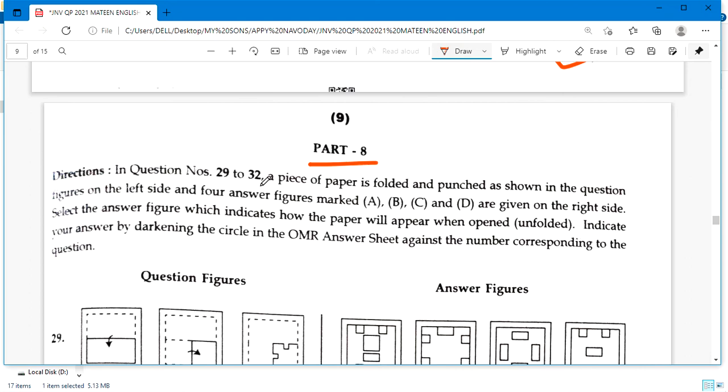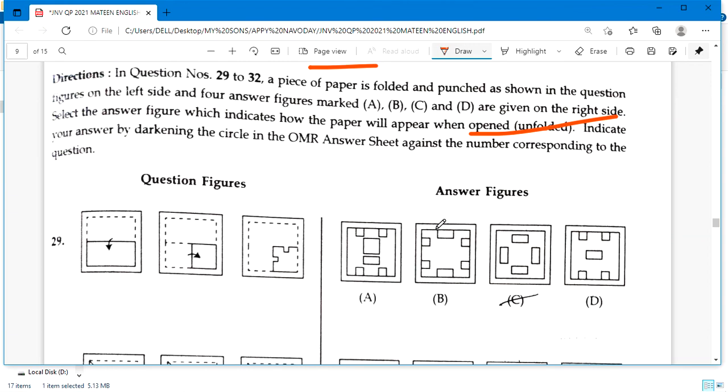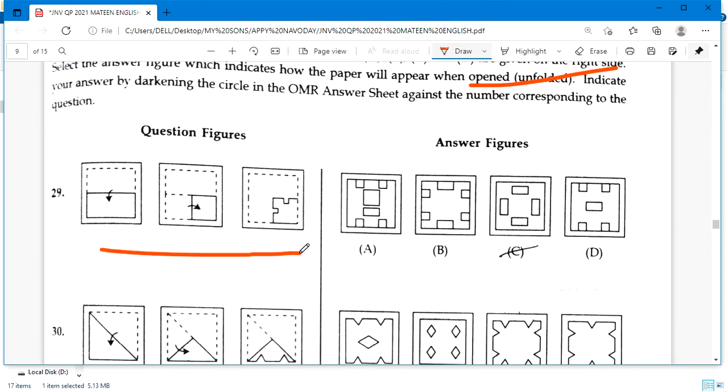In question numbers 29 to 32, a piece of paper is folded and punched as shown in the question figures on the left side, and 4 answer figures marked A, B, C and D are given on the right side. Select the answer figure which indicates how the paper will appear when opened, unfolded. Okay, it's quite easy. Just think about it.